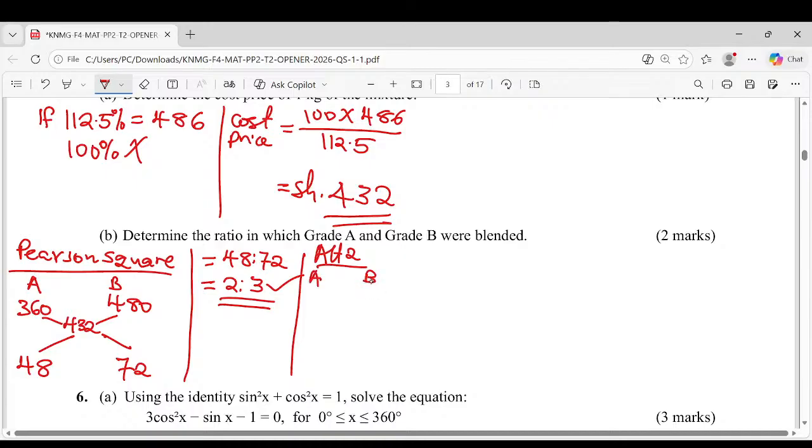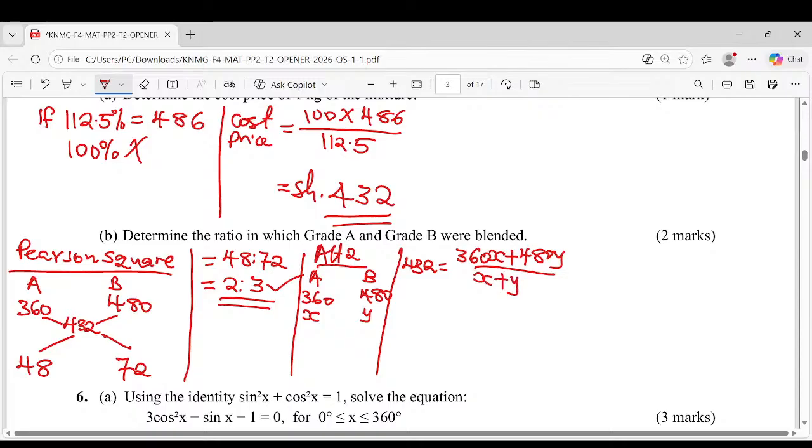A is being sold at 360, B at 480. I can say let the ratio of A be x, and this one here be y. So the cost price can be given this way: 432 can be equal to 360x plus 480y divided by the total ratio, which is x plus y.